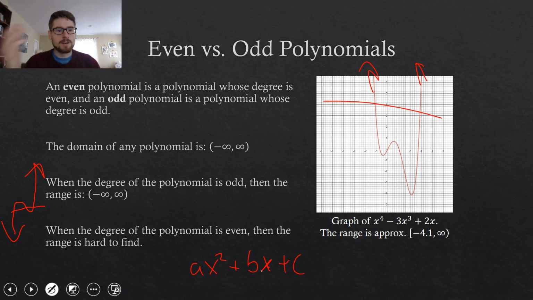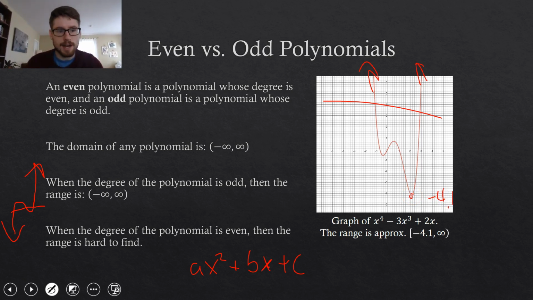Cubic functions, 5th degree functions, and so forth, those you'll be able to say they go through all real numbers. But those even degree polynomials, they're going to have some lowest value or some highest value, and you'll have to graph it or do some other techniques to find it. So in this case, x to the 4th minus 3x cubed plus 2x, its range, you can kind of read from the graph. You can see that it looks like it hits negative 4 point something, about negative 4.1 maybe.